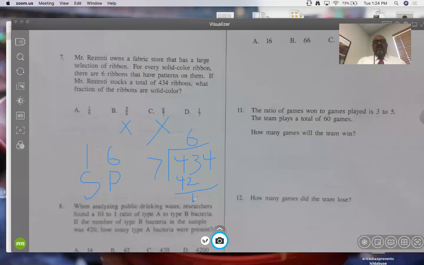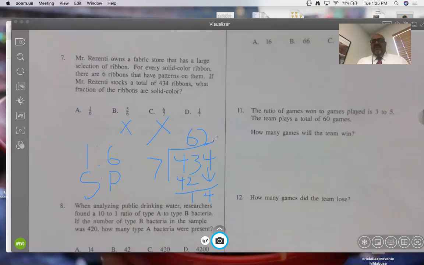Bring down the 4. 7 goes into 14 how many times? 2. Does that work out? Think about that. It does. So basically it tells me that I'm going to have 62 to 7, and at this point I just reduce it down. So that's the way that this one works out.